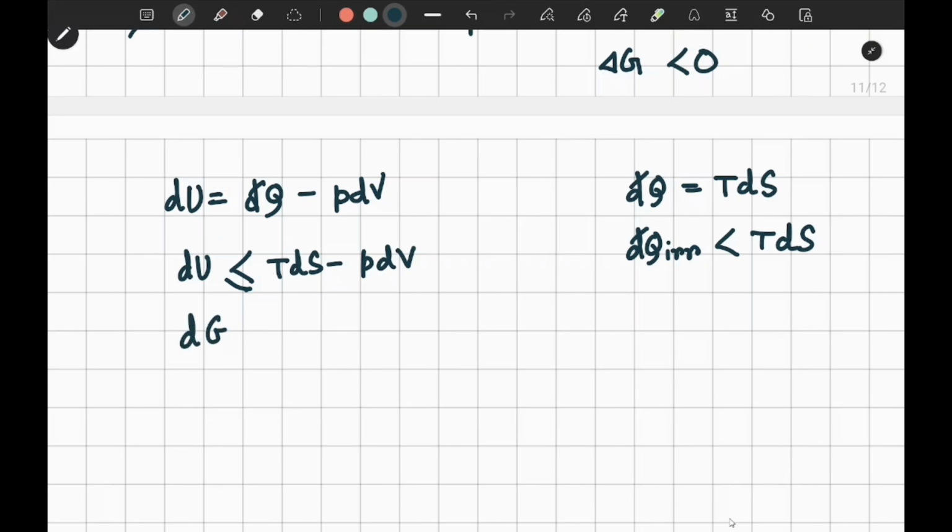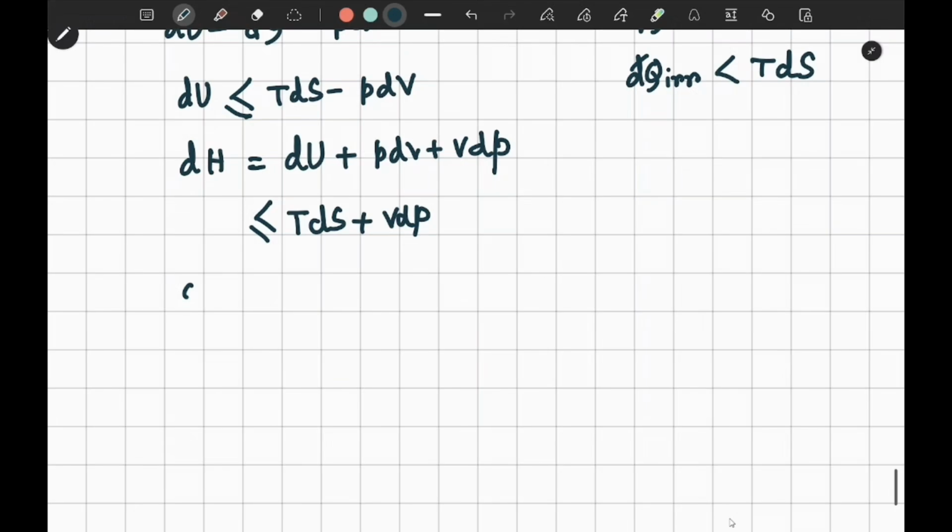So now if you put it, then dH equals TdS plus VdP. Correct? So dG equals dH minus TdS minus SdT.